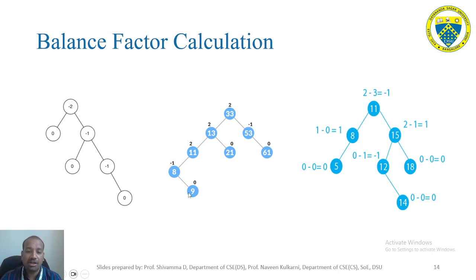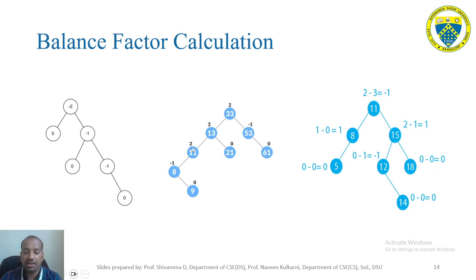Likewise, you can calculate the others, but as I said already, the balance factor should lie in the values -1, 0 and 1. Here node 11 has a balance factor of 2, which is unbalanced. At this position, you need to apply a technique called rotation to balance it, so that this particular node will not have a balance factor of 2.